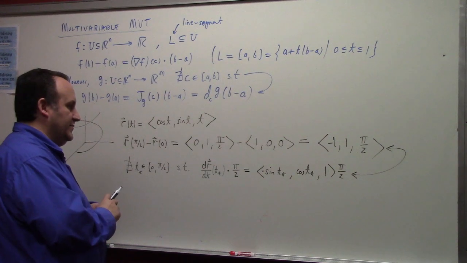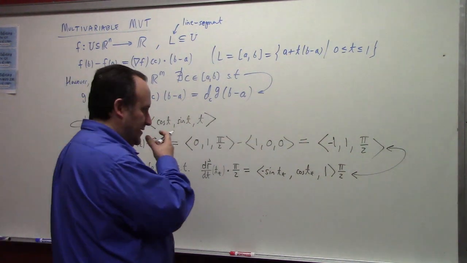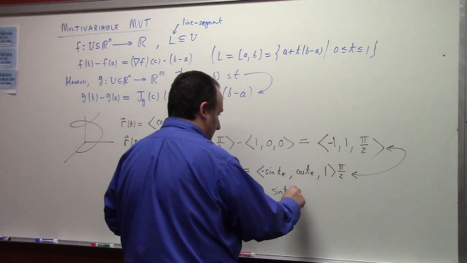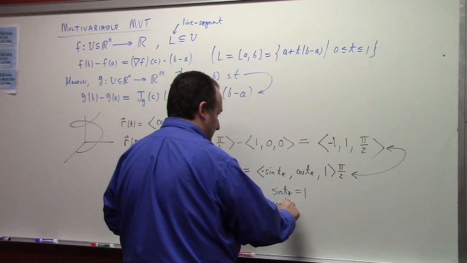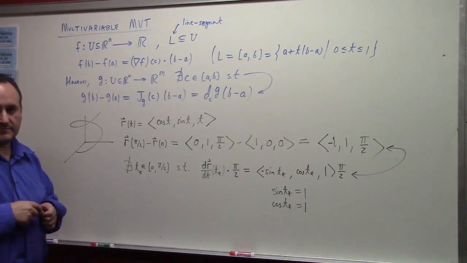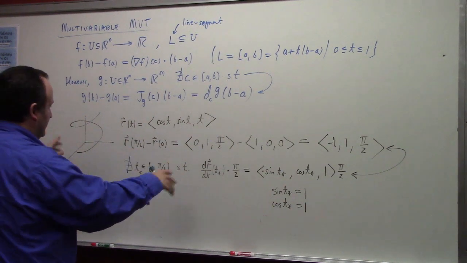Well, the pi over 2 worked out okay. I was expecting that to be the problem. But it looks like we need sine of t star equals 1, and we also need cosine of t star equals 1. There's just one problem. That's impossible. So therefore, there does not exist such a t star.